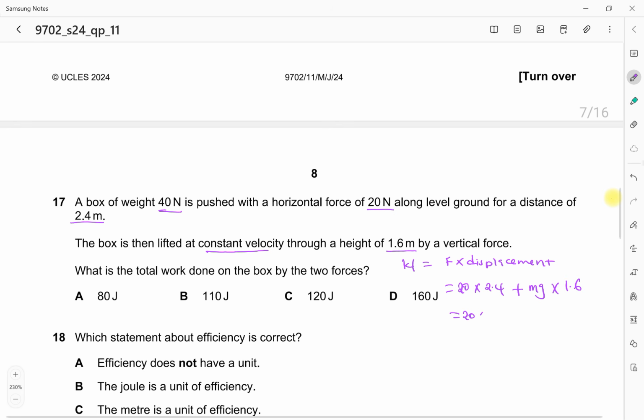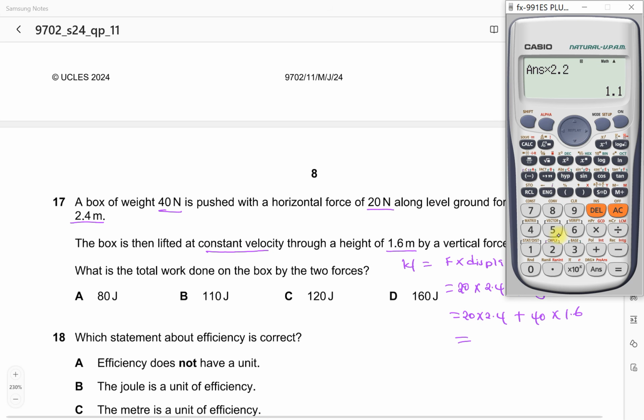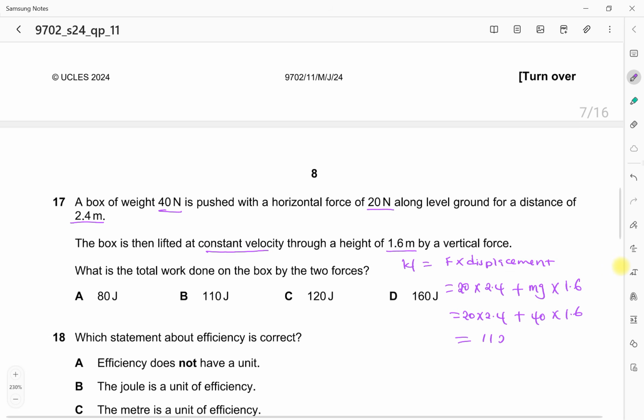So this is 20 times 2.4 plus the weight, which is 40, times 1.6. We can just check with the calculator. This gives us 112 joules. To two significant figures, it is 110 joules. So the answer is going to be B.